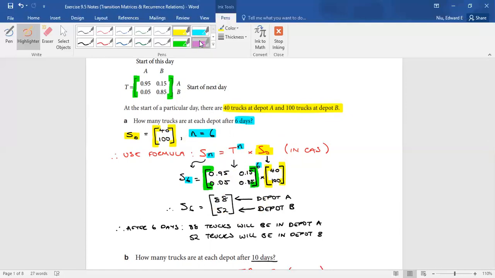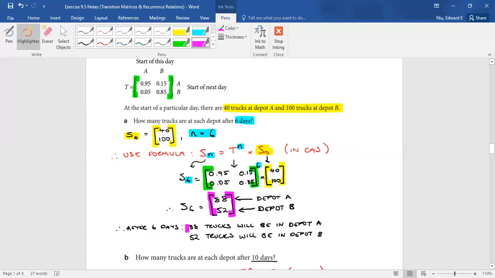So this answer here, the number at the top, is how many trucks are going to be in depot A. Again, based on the transition, we know the top row is depot A at the start of the next day, and B is the second row. So 88 trucks are going to be in depot A after day 6, and 52 are going to be in depot B.